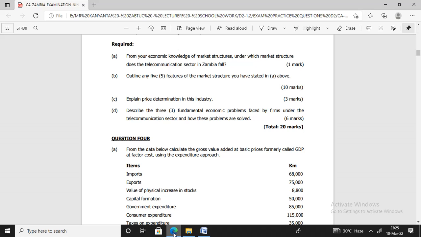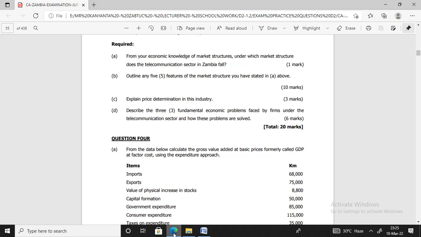This one, you gross up all the incomes coming from the supply of factors of production. These incomes are called factor resources or factor incomes. Then the other method is the value added method or the output method, where you calculate the value of what has been produced in the economy. So those are the 3 methods.